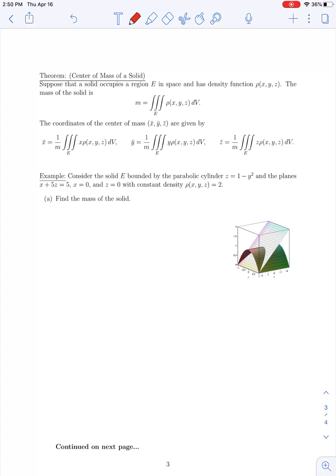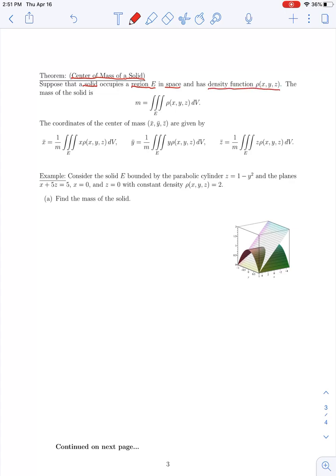In the next part of this section, we'll extend the concept that we just talked about to finding the center of mass or mass of a solid region. So here we will look at the mass or center of mass for a solid. Let's suppose that we have a solid region in space, occupying a region E in space, and it has variable density throughout.